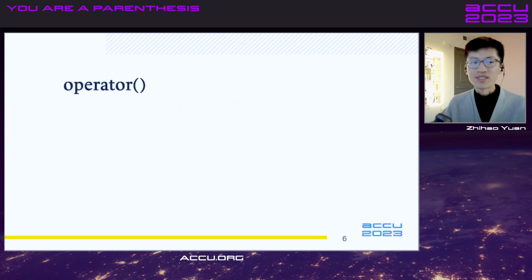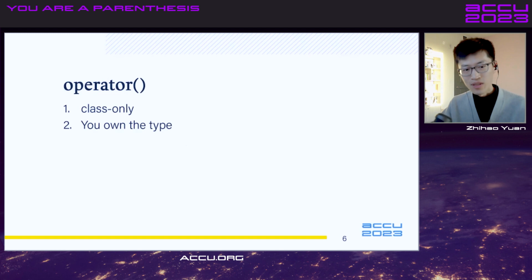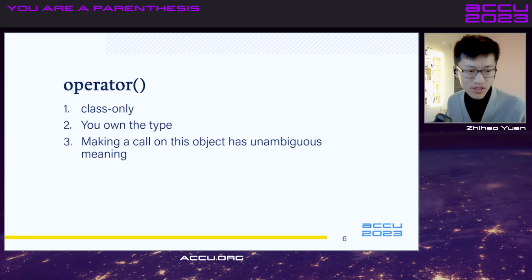The call operator is the same as operator() in C++. It has lots of restrictions. First, it requires the type where you add an operator to be a class only. Second, same as double underscore __call__, you need to own the type. And third, making a call on the object needs to have unambiguous naming.